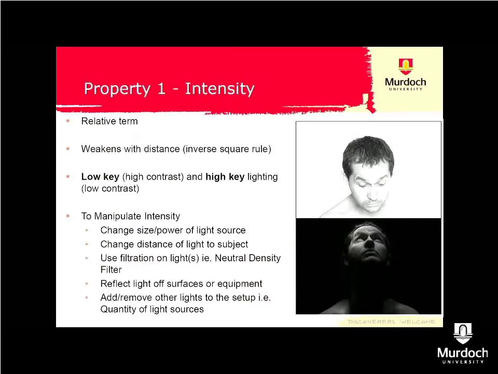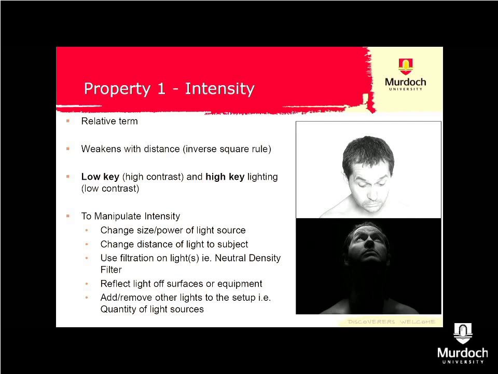So let's talk about intensity first of all. It's a relative term and literally means the strength of light. The strength of the power of the light, if you like.